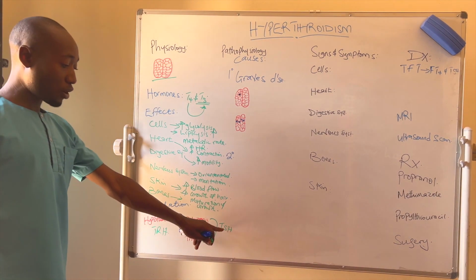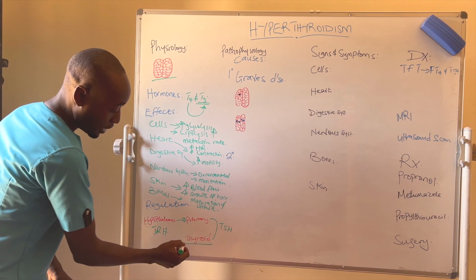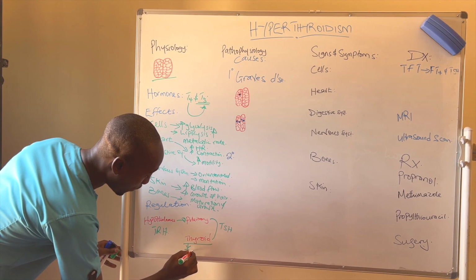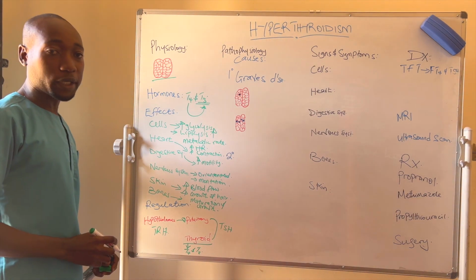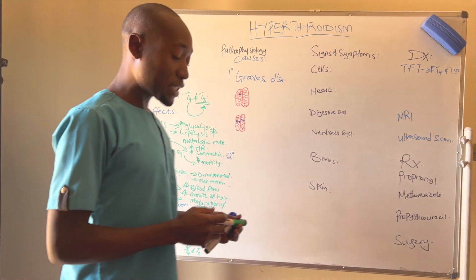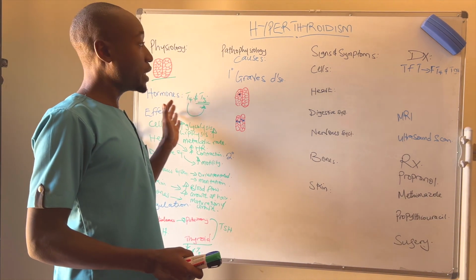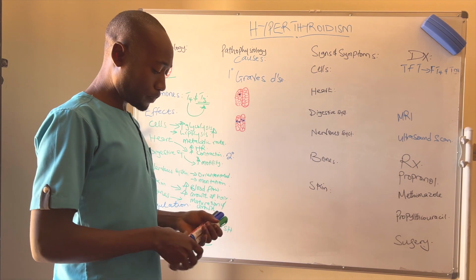This thyroid stimulating hormone comes to the thyroid gland and ensures that it produces T4 and T3. So with that at the back of our mind, let us now come directly to hyperthyroidism.